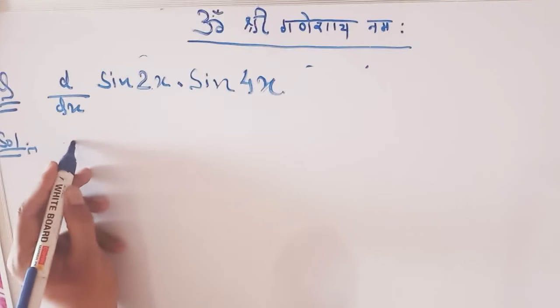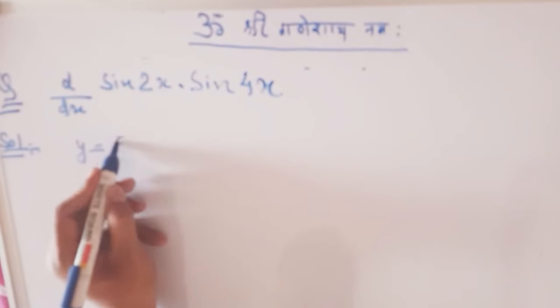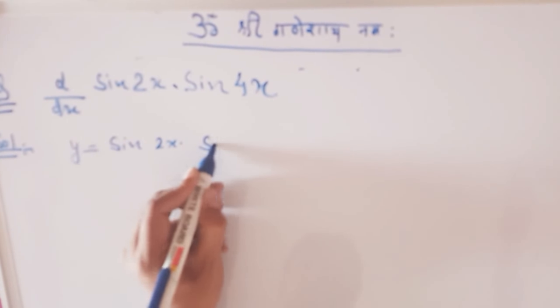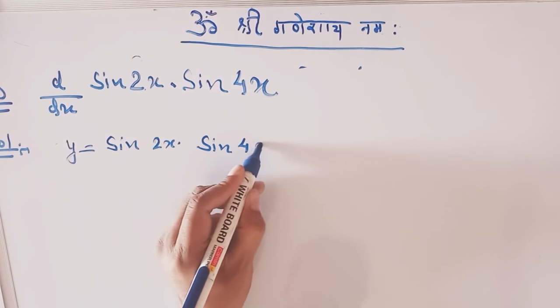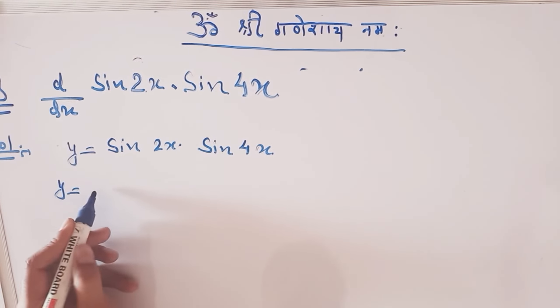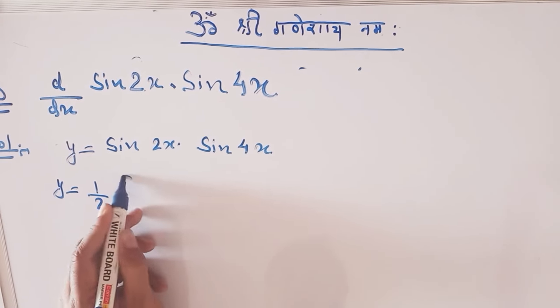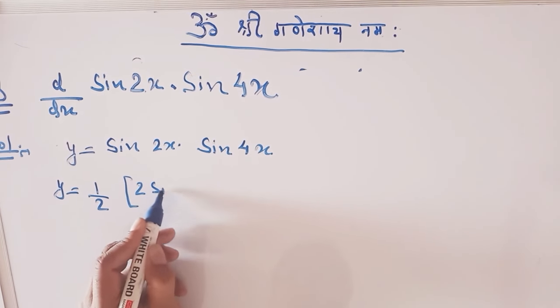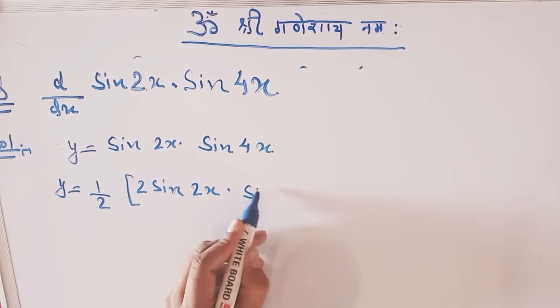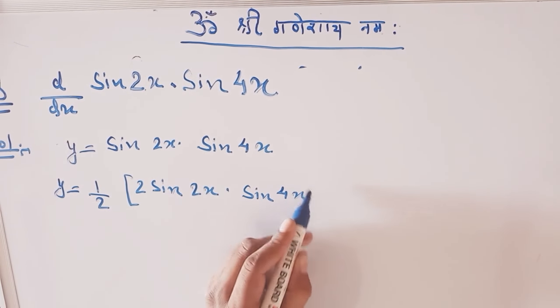So first assume y is equal to sin 2x multiplied by sin 4x. Okay, now multiply and divide by 2. So 1 by 2, 2 sin 2x multiplied by sin 4x.